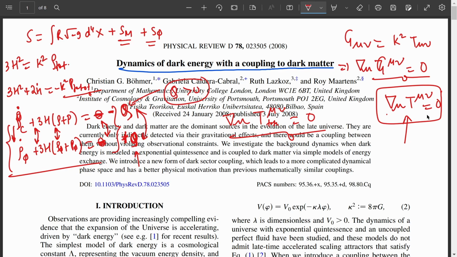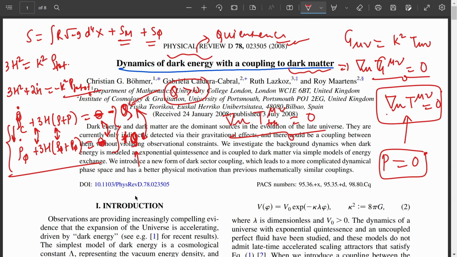Now we want to understand the dynamics of dark energy, for which they have taken the field of quintessence, and some kind of perfect fluid for dark matter. And you know the property of dark matter, that it is a pressureless fluid.